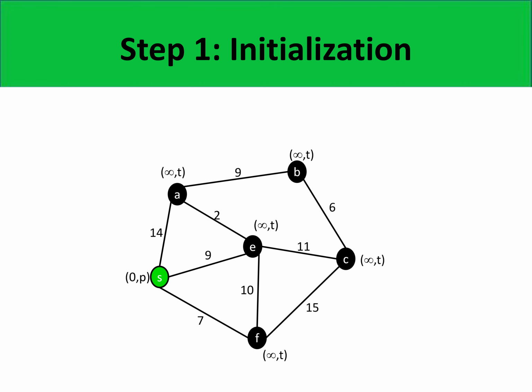Since the status label of the starting vertex S is permanent, we designate the starting vertex S as the current vertex. So we color it green.